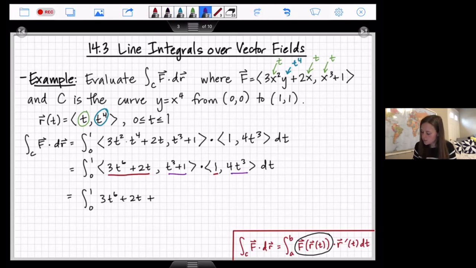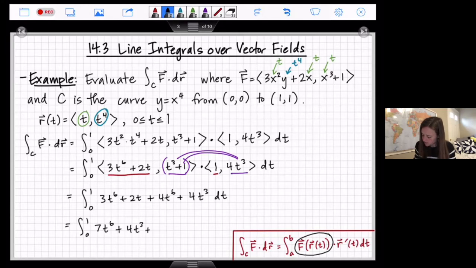So I'm really going to be distributing that 4t cubed over those two terms. So that's going to give me 4t, add my exponents, to the 6th, plus 4t cubed dt. And then I can combine those t to the 6th terms. This is just the integral from 0 to 1, 7t to the 6th plus 4t cubed plus 2t dt.